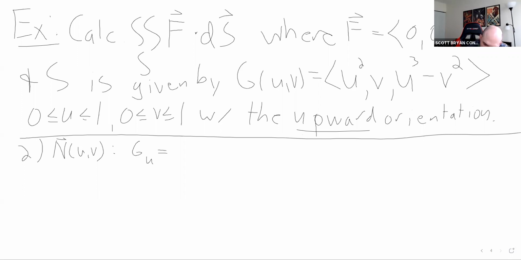Okay, so we need to take the cross product of gu and gv. So for gu, we go component by component in the parameterization and take the derivative with respect to u. So the first component becomes 2u, v becomes 0, and the third becomes 3u squared. When we take the partial with respect to v, u squared becomes 0, v becomes 1, and then u cubed minus v squared becomes negative 2v.